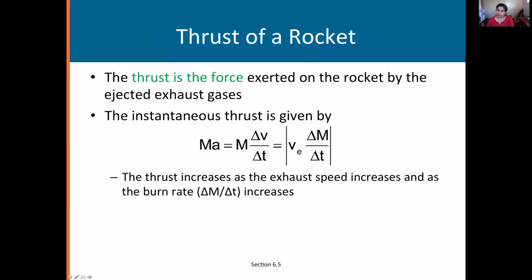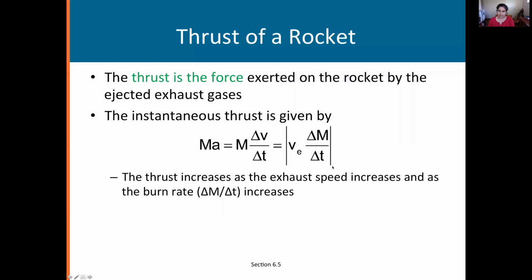Now, if you want to figure out the thrust, which is the force that drives the rocket, the force is given by mass times acceleration, yeah? So mass of the rocket times its acceleration. Acceleration is nothing but the change in velocity with time, okay? And we knew something about velocity that we just saw. It's related to how fast you burn the fuel, and it's related to the exhaust velocity.